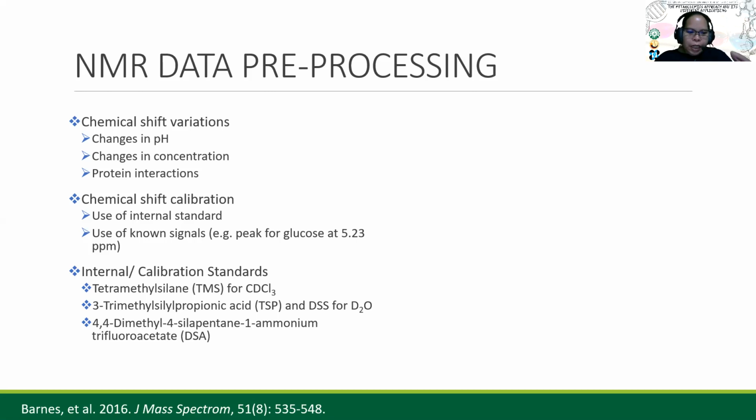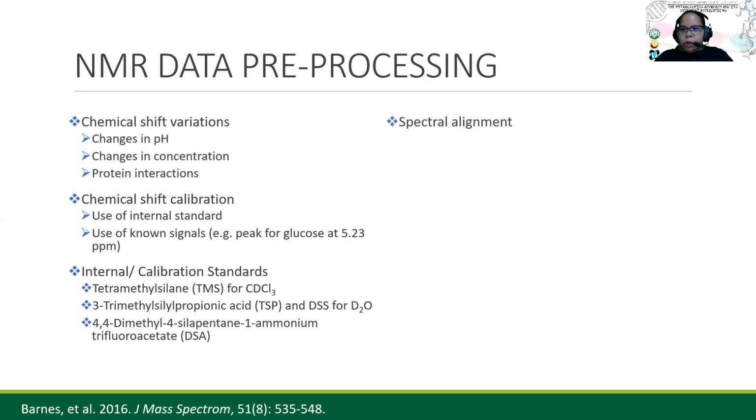So this DSA is actually another internal standard that you can use. However, the disadvantage is that it is not readily available. So still, most people will use DSS in D2O for NMR metabolomic experiments.